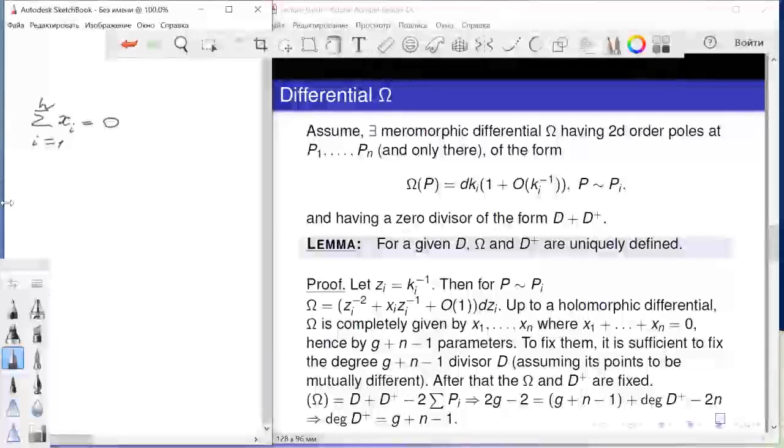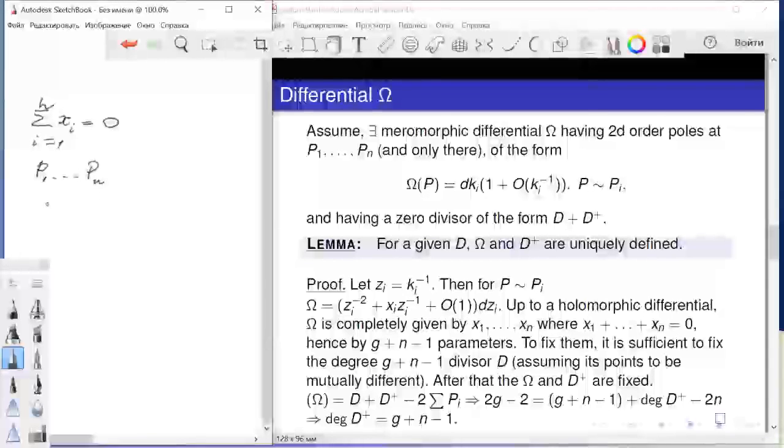So the residues. It's well known that, up to addition of a holomorphic differential, omega is completely given by its principal parts at its poles, which means principal parts at P1 and so on Pn.